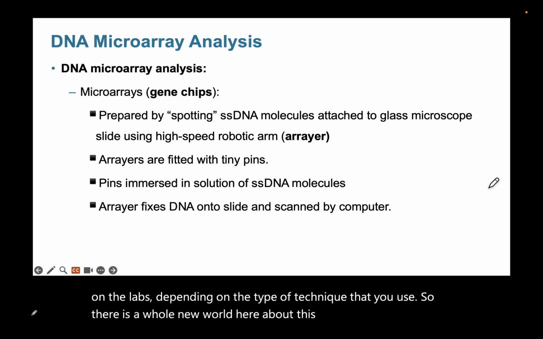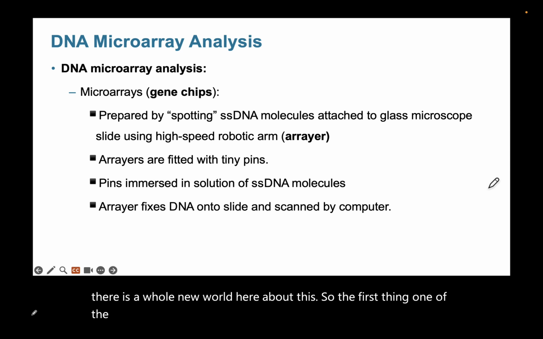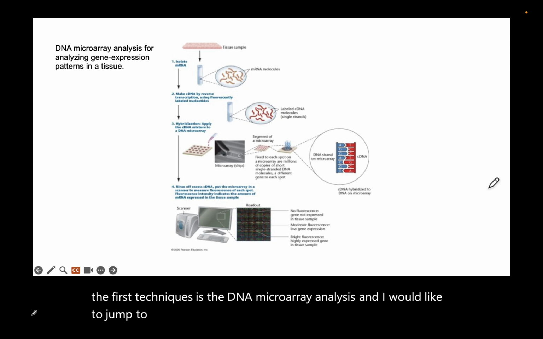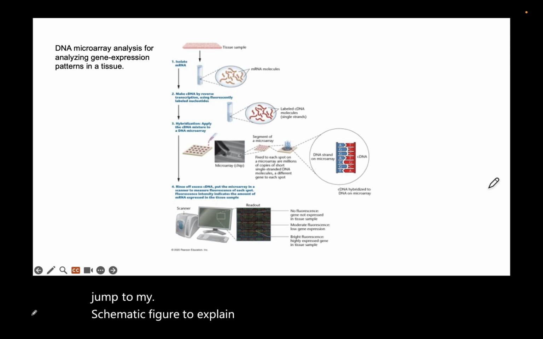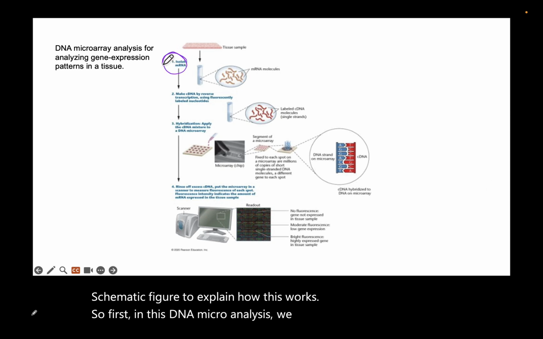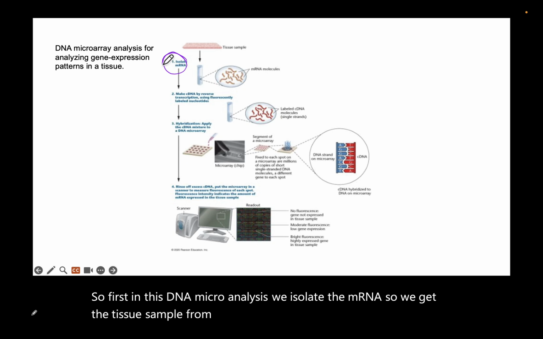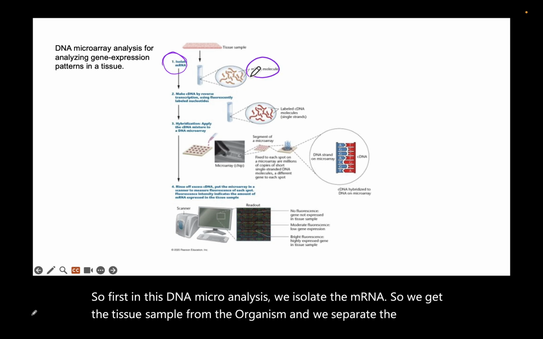One of the first techniques is the DNA microarray analysis, and I would like to jump to my schematic figure to explain how this works. First, in this DNA microarray analysis, we isolate the mRNA. We get the tissue sample from the organism and we separate the mRNA molecules.